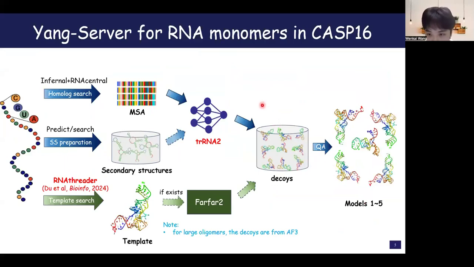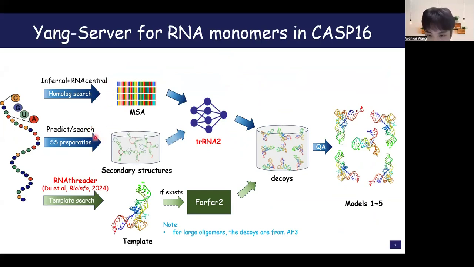We used TR-RNA2 to participate in the CASP16 experiment. Starting with the RNA sequence, we use Infernal to search the RNAcentral database and generate an MSA.